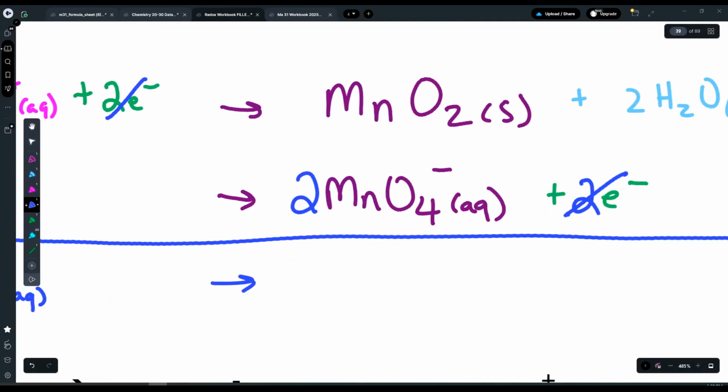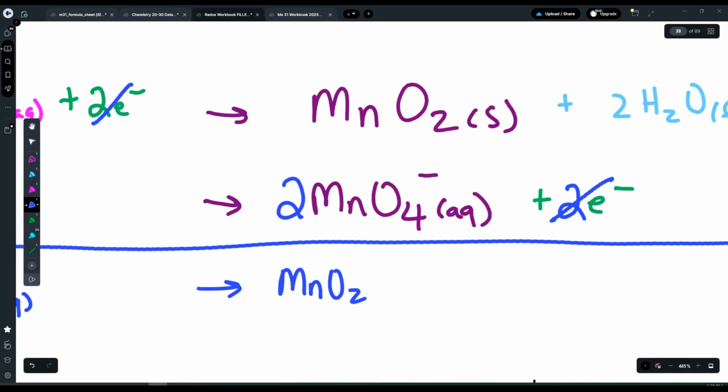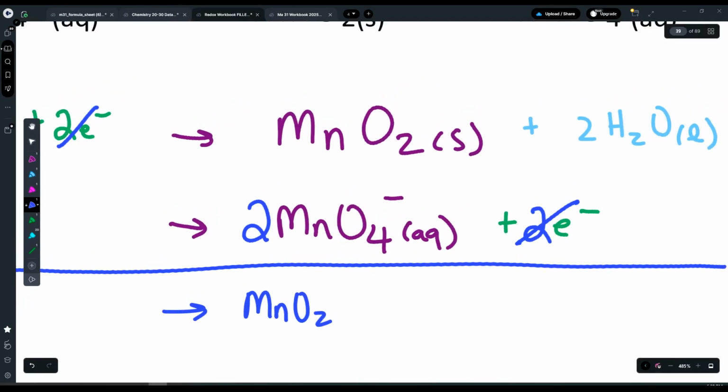plus 4 hydrogen ions, and that's it for the reactants. Let's go to the products. So we've got manganese oxide. Actually, that should be manganese 4 oxide, I should be saying there.